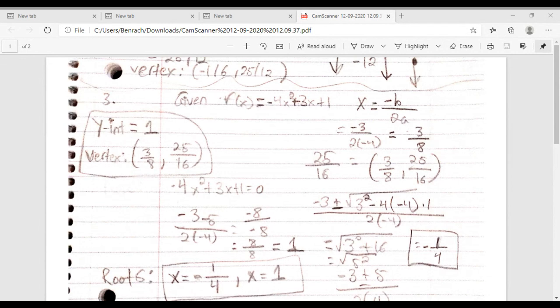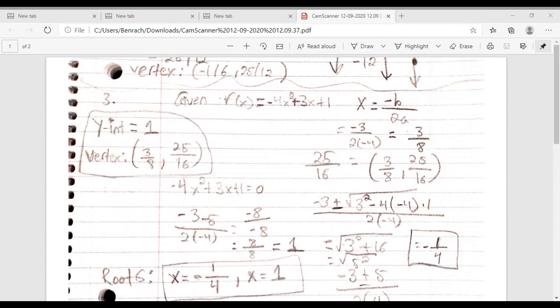Basically I did the vertex formula, negative b over 2a, and I plugged in 3, which is negative b, because 3 is positive and the formula has a negative, and a is negative 4, and this way I got 3 over 8.